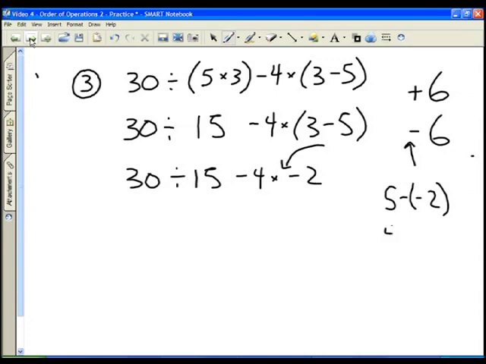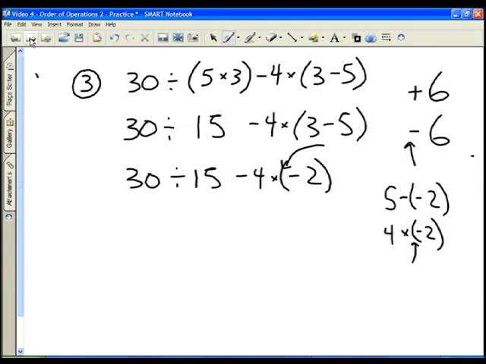And if I have here 4 times negative 2, I can't have two signs without them being separated either by a number or by a set of brackets. And so I'm really going to have to keep those brackets in there because I've got that multiplication sign.